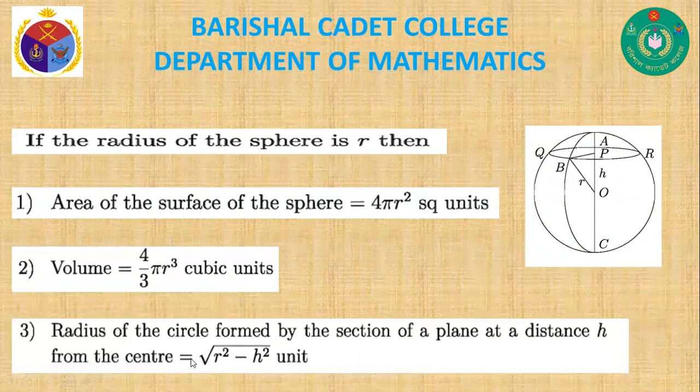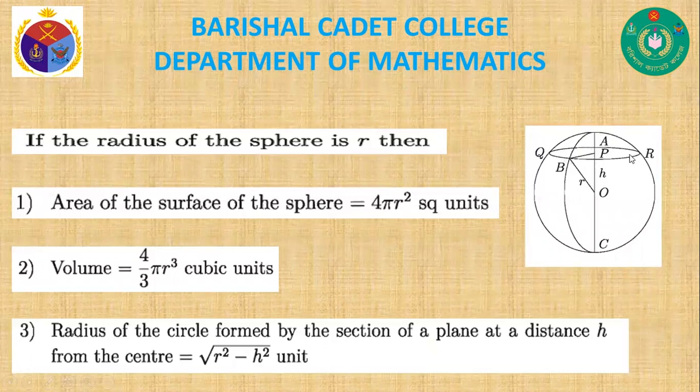Then the radius of the circle formed by the section of a plane at the distance h from the center. Boys, pay attention. This is the center, and the distance between point P and O is h. So here a plane has been created.